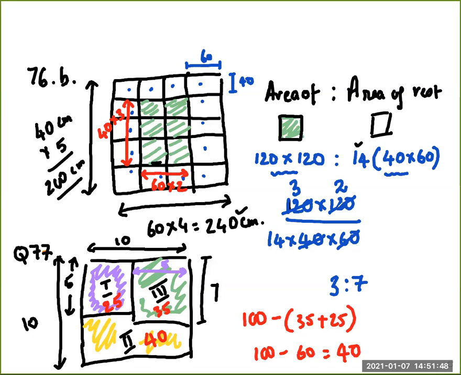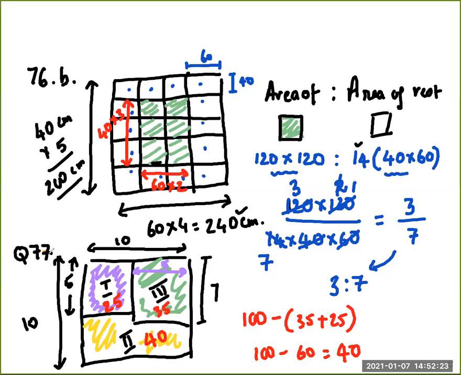Immediately the large numbers have become relatively smaller, handleable numbers, and there is 14 here and 2 here, so 2 times 7 is 14. So in just a couple of quick calculations, we arrived at 3 upon 7, and therefore the ratio of the area of the shaded portion to the area of the unshaded portion comes out as 3:7. Okay, so that deals with that problem.